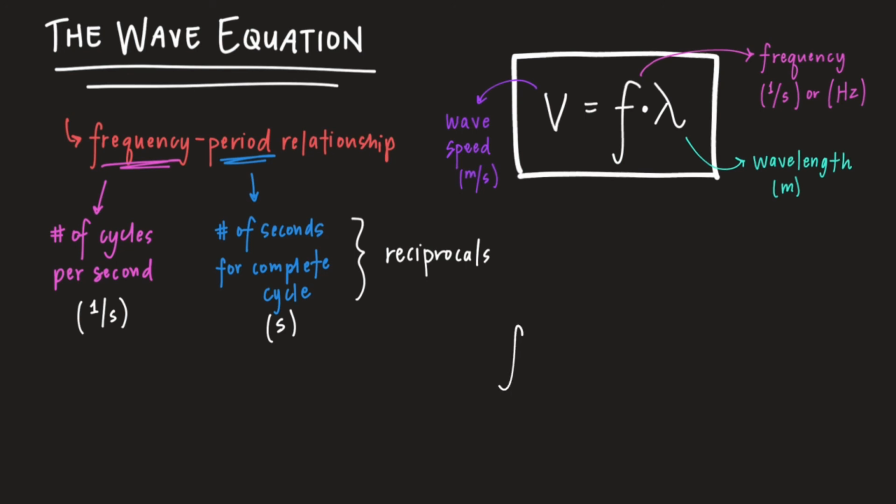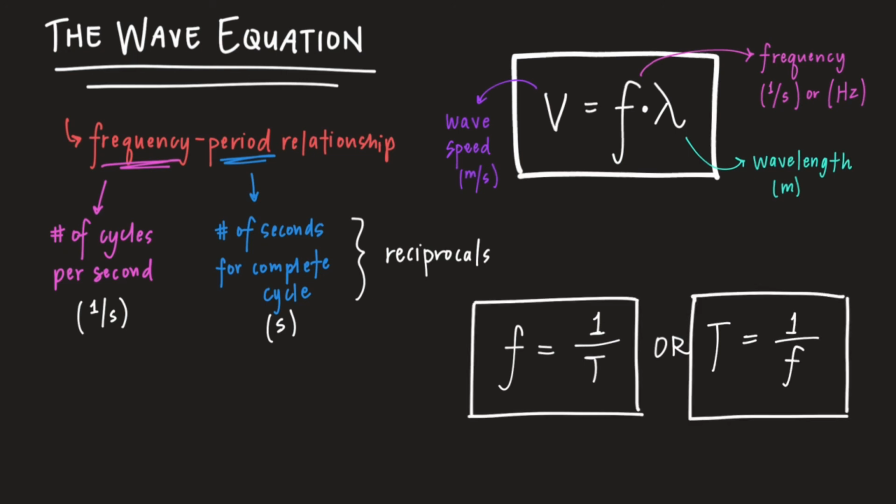So how would we write this in an equation? Well, if they are reciprocals of one another, then frequency has to be the reciprocal of period, and period has to be the reciprocal of frequency. So these are two other little equations that are pretty much the same as each other, just written differently. Remember that f is our variable for frequency, and this T is a new variable for us.